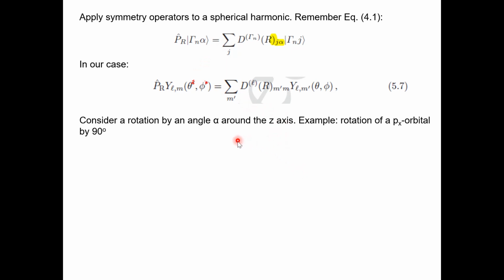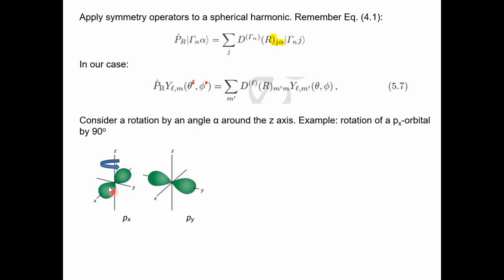So let's consider to start with a rotation by an arbitrary angle alpha around the z-axis. As an example, this could be rotating a p_x orbital around the z-axis by 90 degrees, giving a p_y orbital.